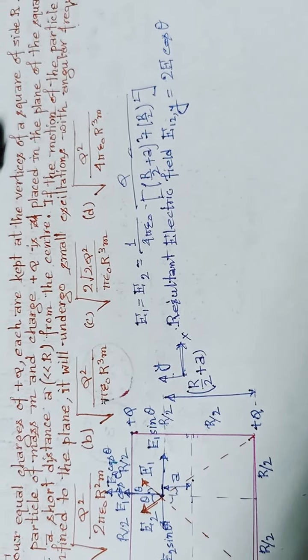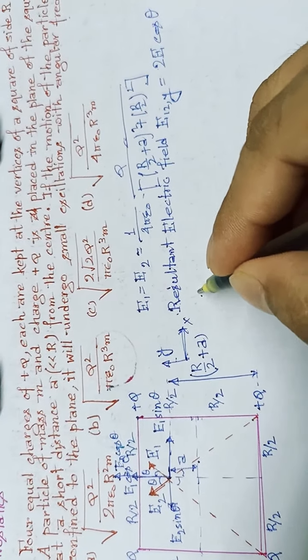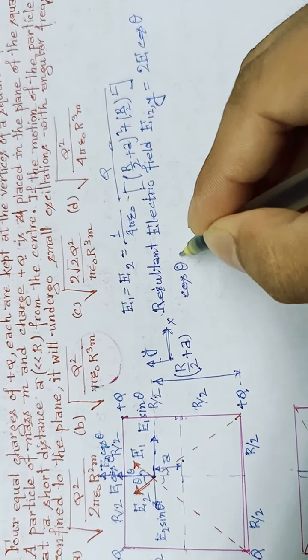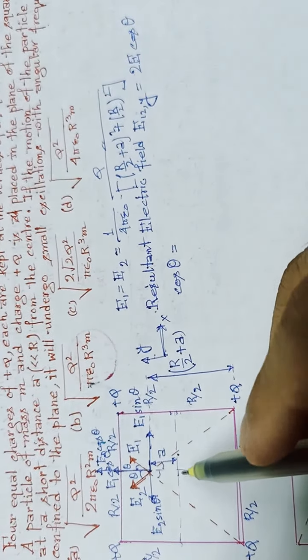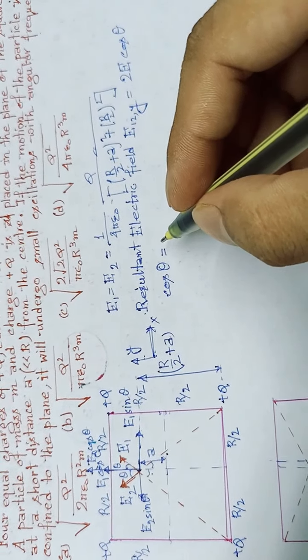Now cos theta, if this angle is theta, is equal to base divided by hypotenuse.